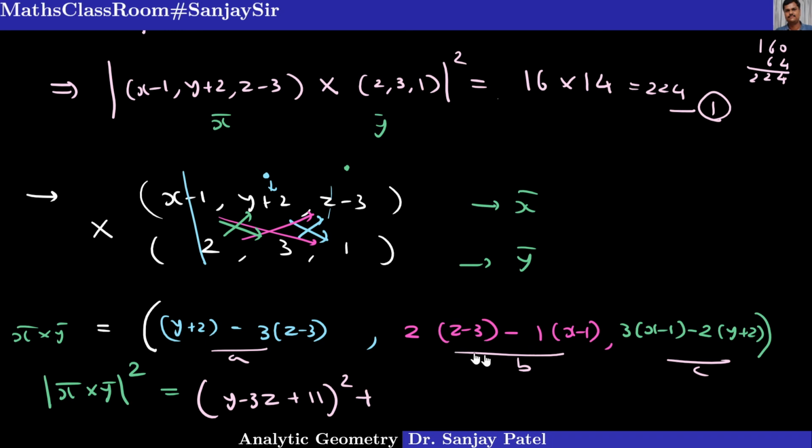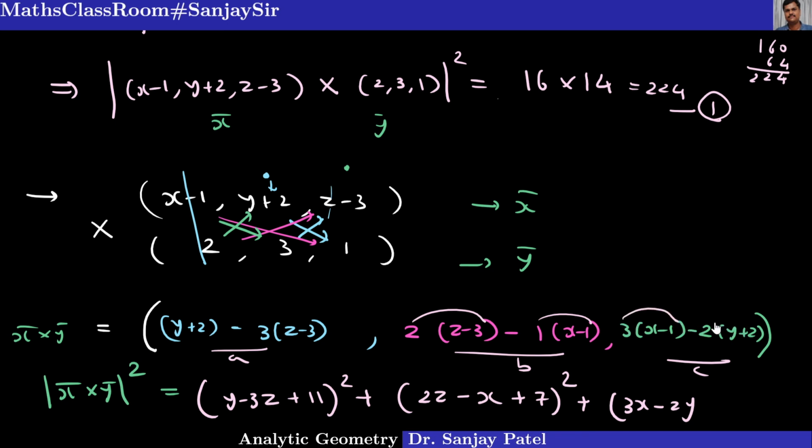Plus this square. So 2z minus x, this is minus 6, 2 into 3 minus 6, and this is minus plus 1. So plus 7 square, plus here 3x minus 2y, and this is 3 into minus 1, that is minus 3, and this is minus 2 into 2, minus 4. So minus 4 minus 3 is minus 7 square.